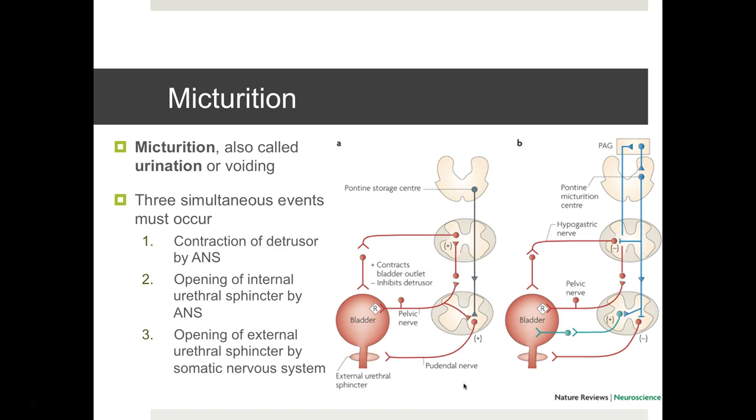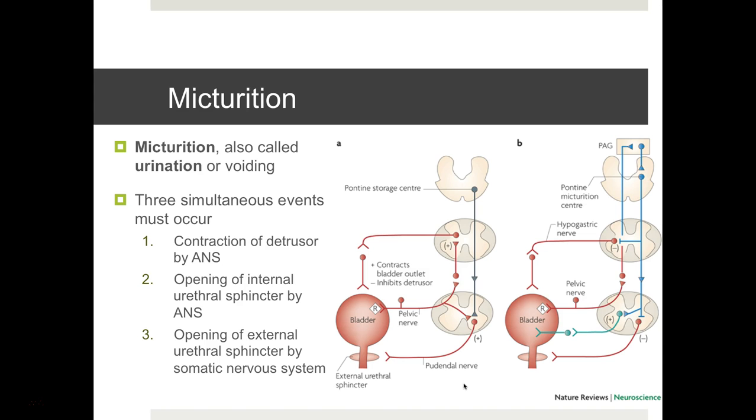Our sympathetic nervous system is going to inhibit micturition, whereas parasympathetic will stimulate it. Next, we have opening of the internal urethral sphincter by our autonomic nervous system. And lastly, we have the opening of our external urethral sphincter by our somatic nervous system.